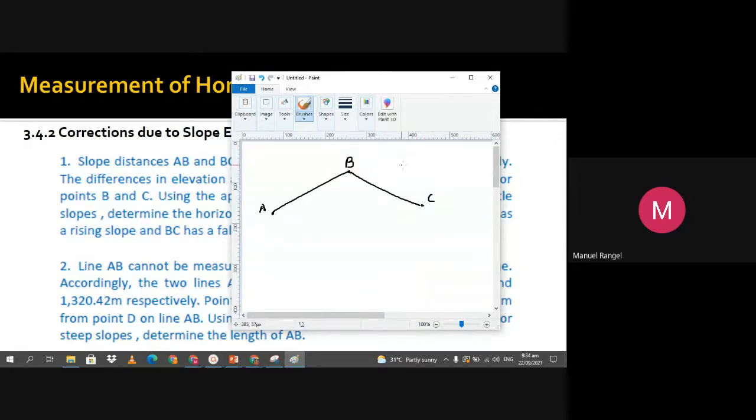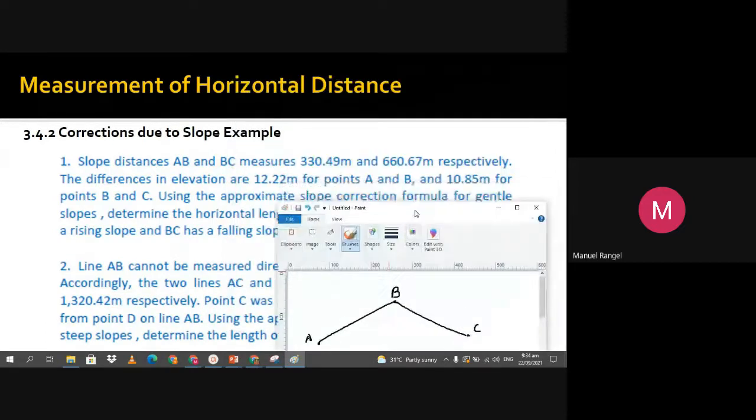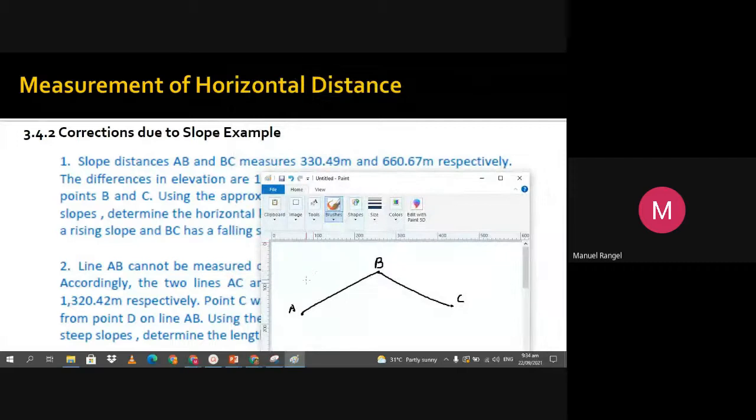Then the given slope distance for A to B is 330.49. Then 660.67. So it should be higher.